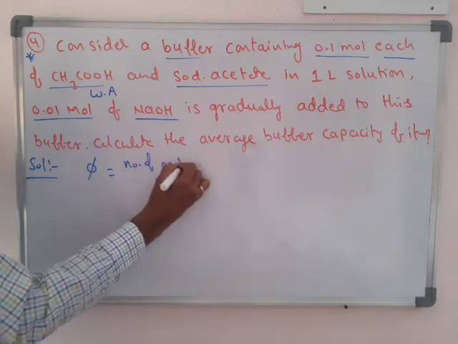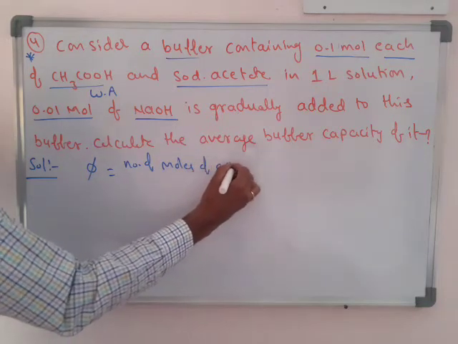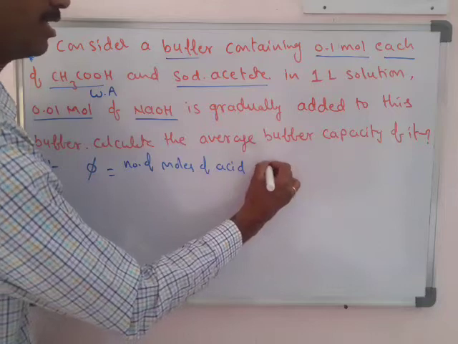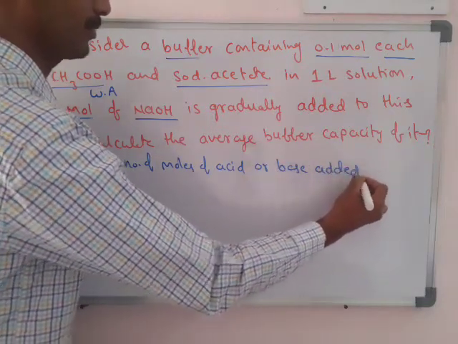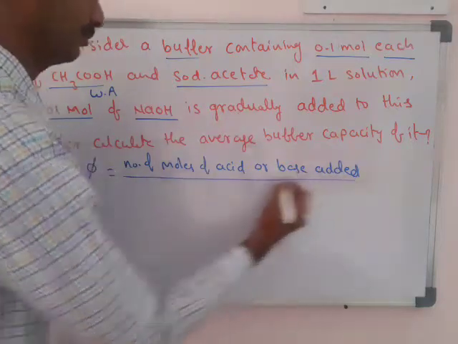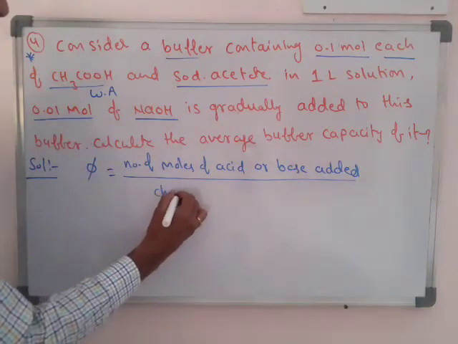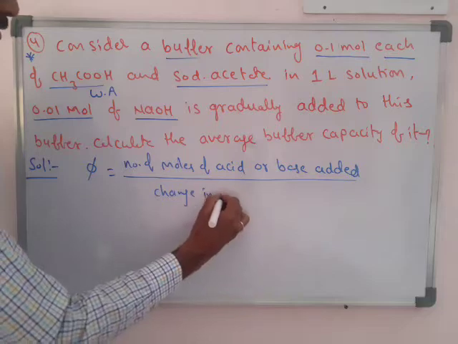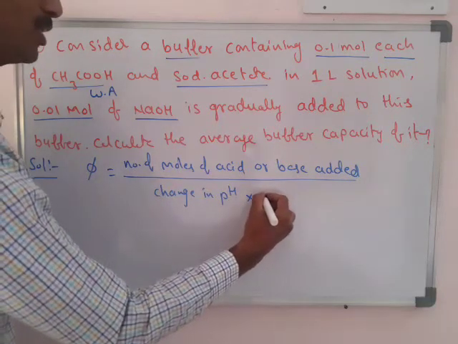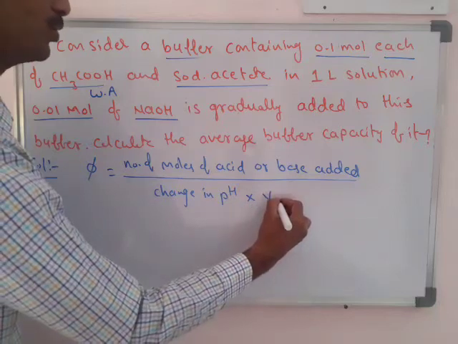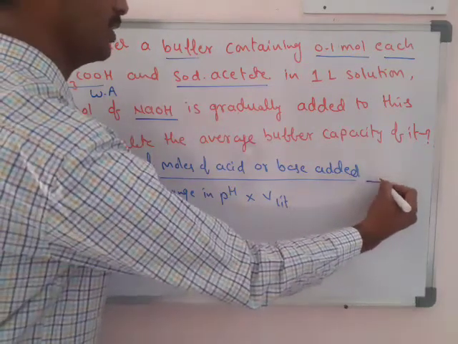The number of moles of acid or base added divided by the change in pH into volume in liters. So it is the formula.